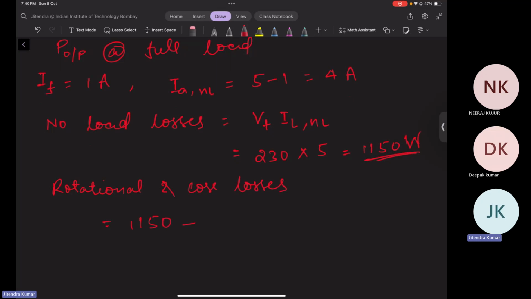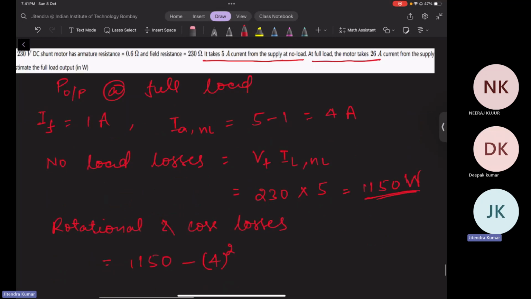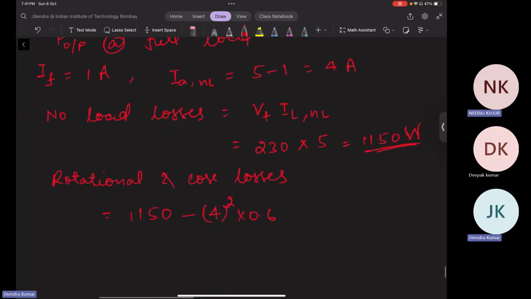1150 minus 4 square into RA, which was 0.6, minus 1 square into 230. Exactly. So it will be 1150 minus 16 into 0.6, which is 9.6, minus 230.